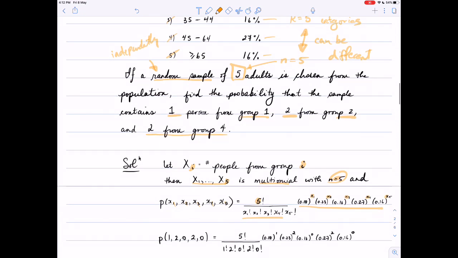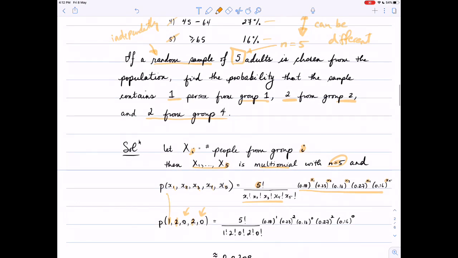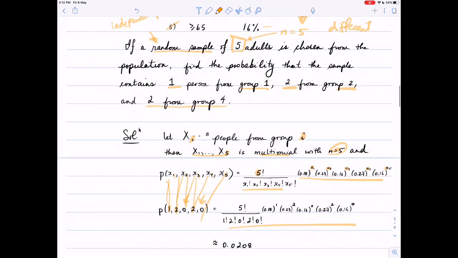So we are looking for 1 person from group 1, 2 from group 2, and 2 from group 4, which means that we are looking for none of them from group 3 and none from group 5. So plugging in those values, x1, x2, x3, x4, x5, there you go. You plug in those values, that is just something that you can calculate.